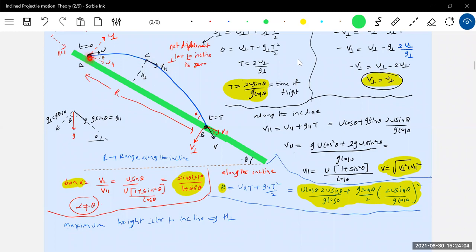So let's apply equations of motion from A to C. This will be 0 squared equals U perpendicular squared minus 2 g perpendicular H perpendicular. Along this direction, you are applying equations of motion, then this component will become 0 here, no?